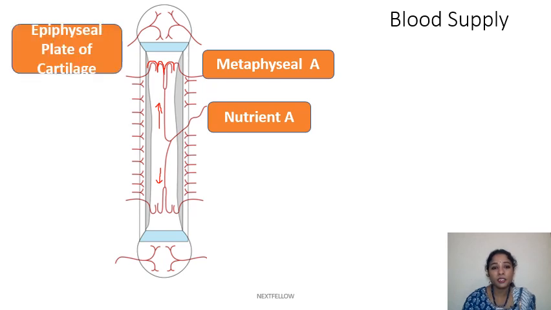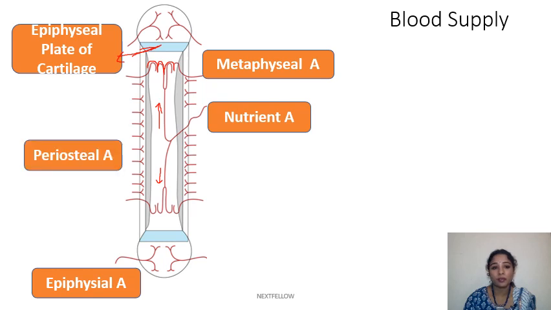Here we can see the epiphyseal artery entering the epiphysis, at the upper end and lower end, and this blue color is the epiphyseal cartilage. These are the periosteal arteries, which are small direct branches from the surrounding arteries.